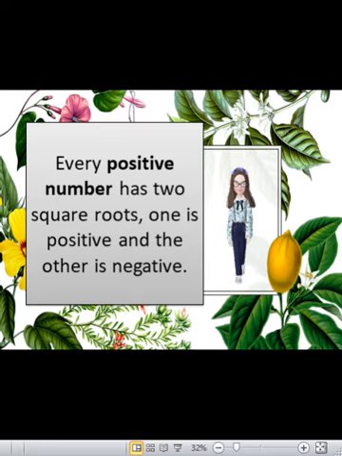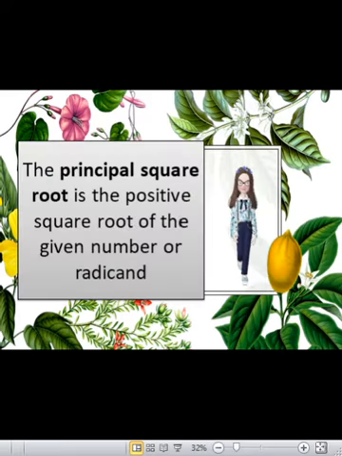Again, every positive number has two square roots, one is positive and the other is negative. But when we say principal square root, it is the positive square root only of the given number, or radicand. The number inside the square root symbol is what we call radicand.